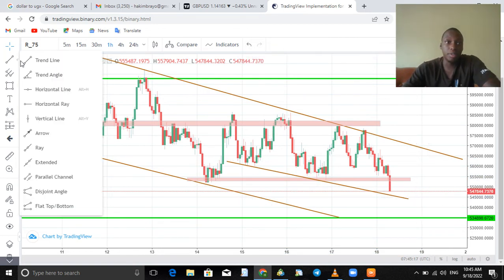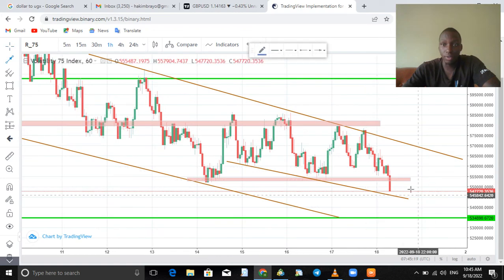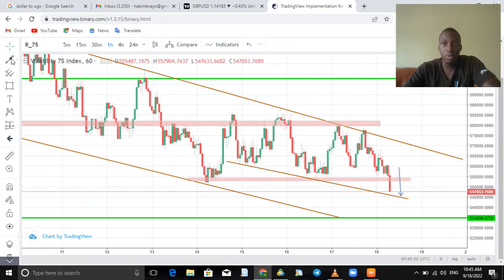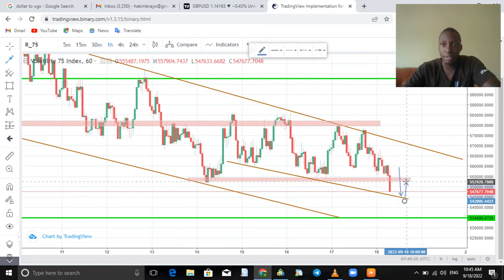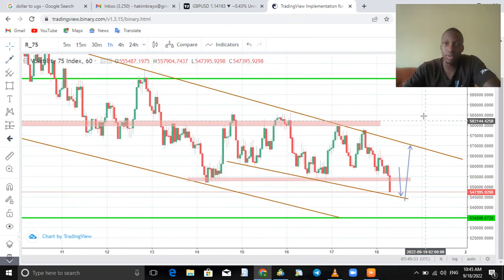So we might see 75 heading to this particular level here. After reaching that level, we might see it retesting this zone before dropping again, or we might see it coming back to retest this particular resistance trend line.